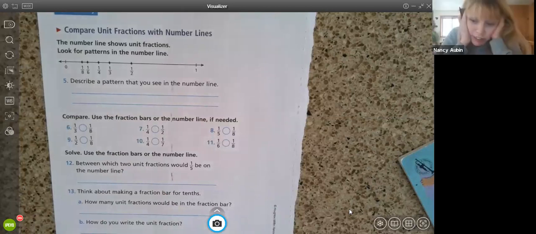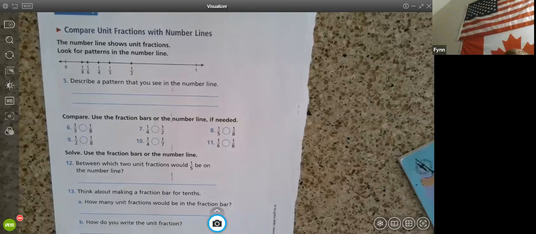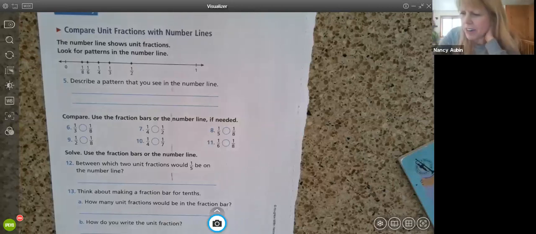Help them out, Finn. Finn, what do you see? None of them are equal. Okay, they're not the same. You're right. Their denominators are different for sure.